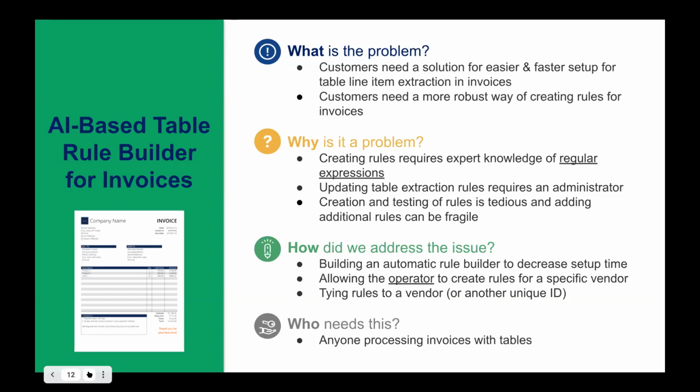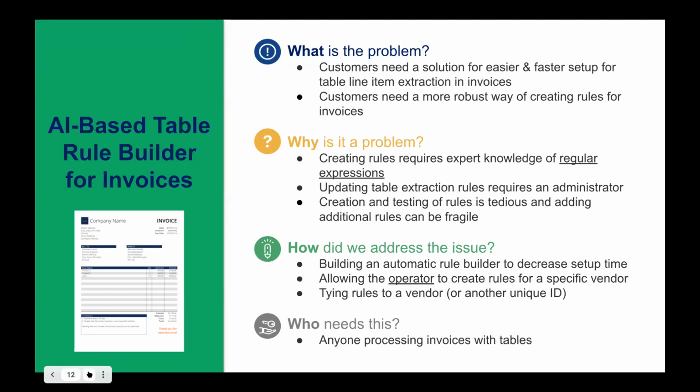Now, one of the other issues with building rules today in Transact is that when you build a rule, there's always a risk that the rule you're building may have a negative effect on another table rule that's been built for another vendor table. And so the other thing that we looked at when we were building this was, how do we get around that challenge?